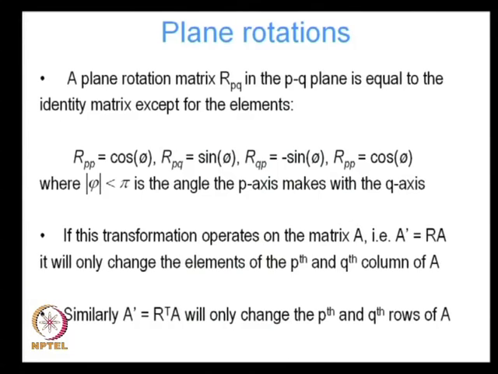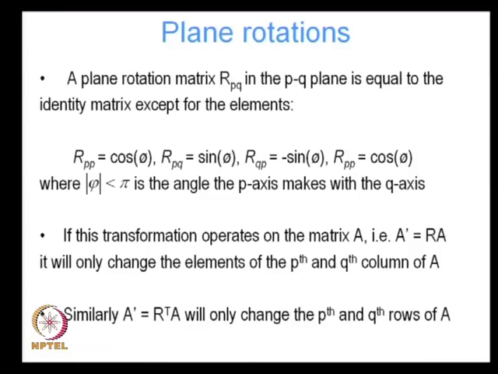A plane rotation matrix is a matrix in the PQ plane which is equal to the identity matrix except for the elements on the pth row and qth row, pth column and qth column. Only the intersections of the P row and Q column and the P row and P column are going to change. The rest of my terms are going to remain 1 and 0 like my usual identity matrix.